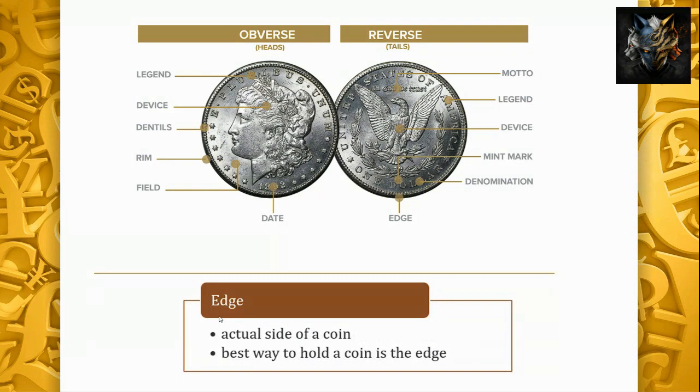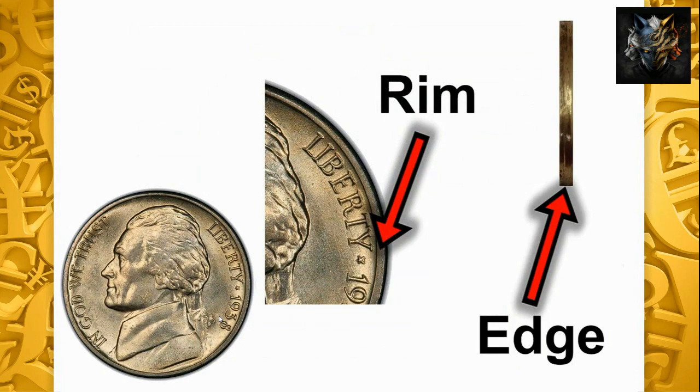But you also have the edge, and the edge is the actual side of the coin. And the edge is the way you want to hold the coin. You never want to touch the coin or hold the coin by the rim. You want to hold the coin by the edge. And so let me show you exactly what I'm talking about. So when you're looking at this coin, it's important to make the distinction, mainly because if you're talking to somebody, they may yell at you if you say you're holding it by the rim.